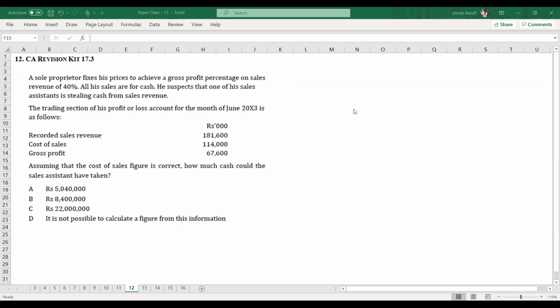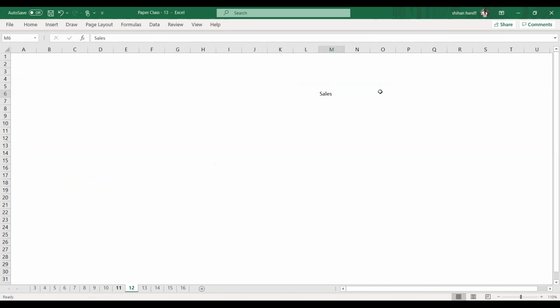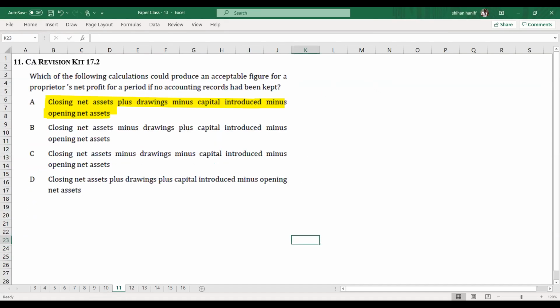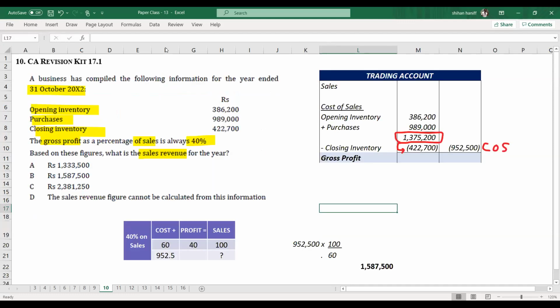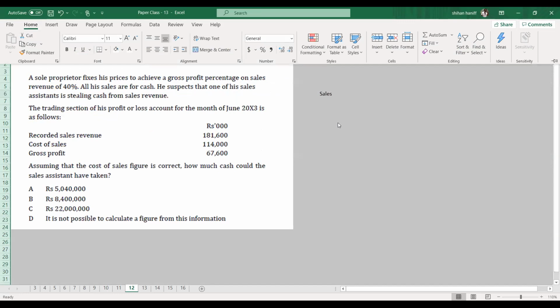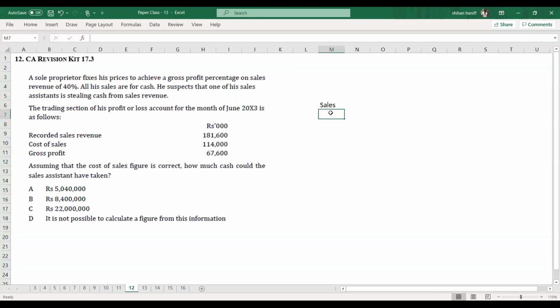Right, now we will use this: sales minus cost of sales is gross profit.